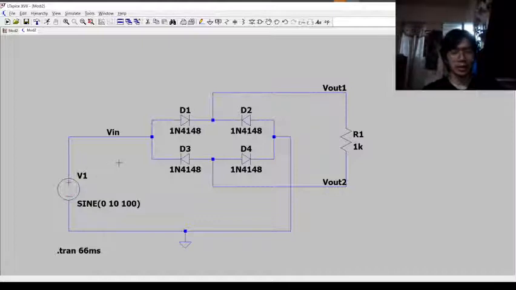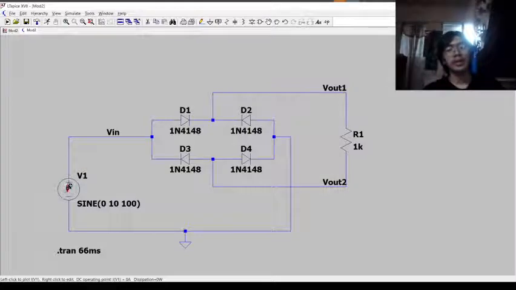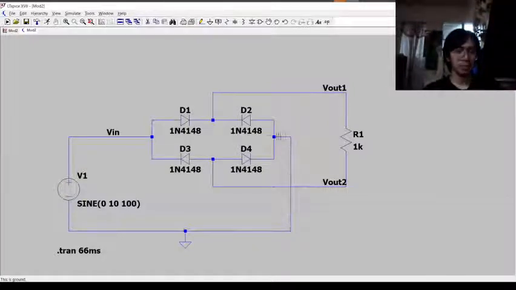So if we analyze during the negative half cycle, the voltage flows from the negative side of the input terminal, goes down, goes up, and diode 2 now is in forward bias. So it will flow to diode 2, because diode 4 is in reverse, goes up, and flows to R1. So if you can remember, our voltage flow during the positive half cycle goes also to the top side of R1.